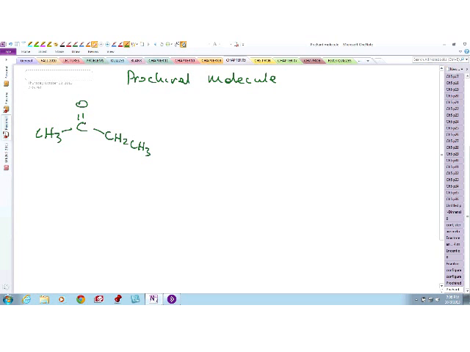Because of its geometry, we say it has a trigonal planar geometry, which is to say that all of the atoms attached to this carbon are on the same plane.